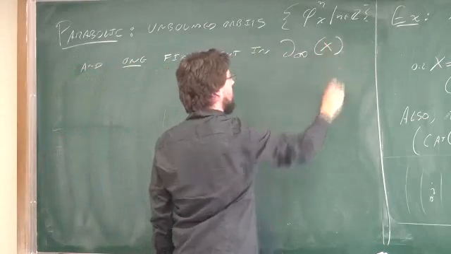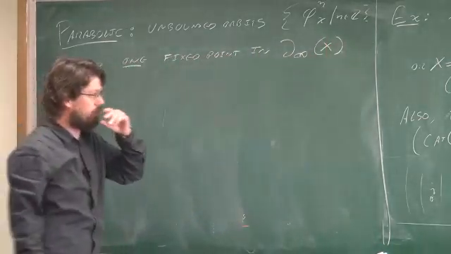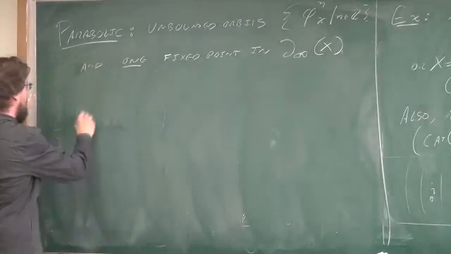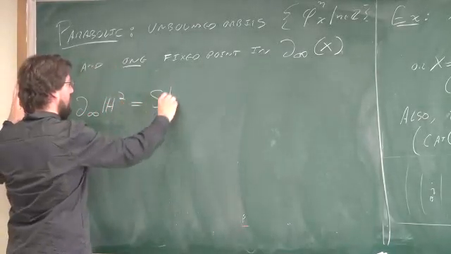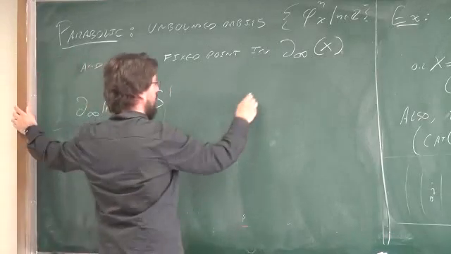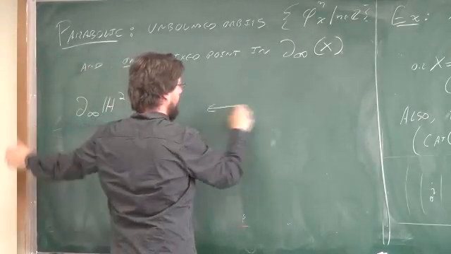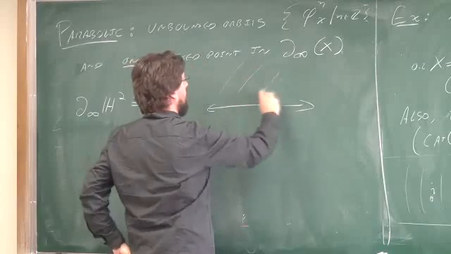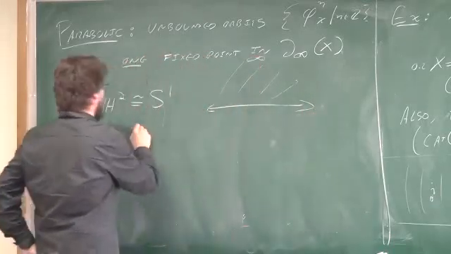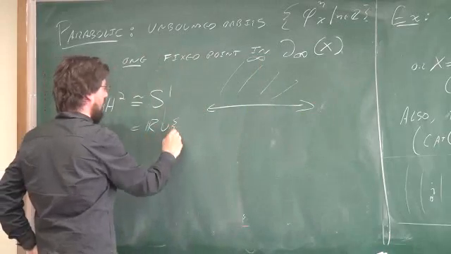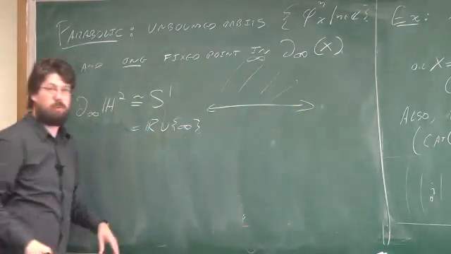So there are a number of ways you can think about the boundary at infinity of X. The boundary at infinity of H2 is S1. If I think about the upper half plane again, then it's the real line union a point, the one-point compactification of the real line.